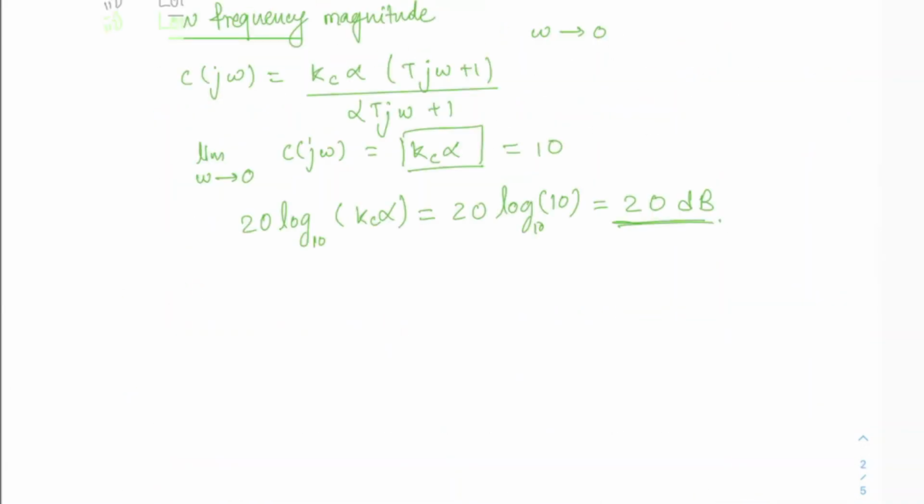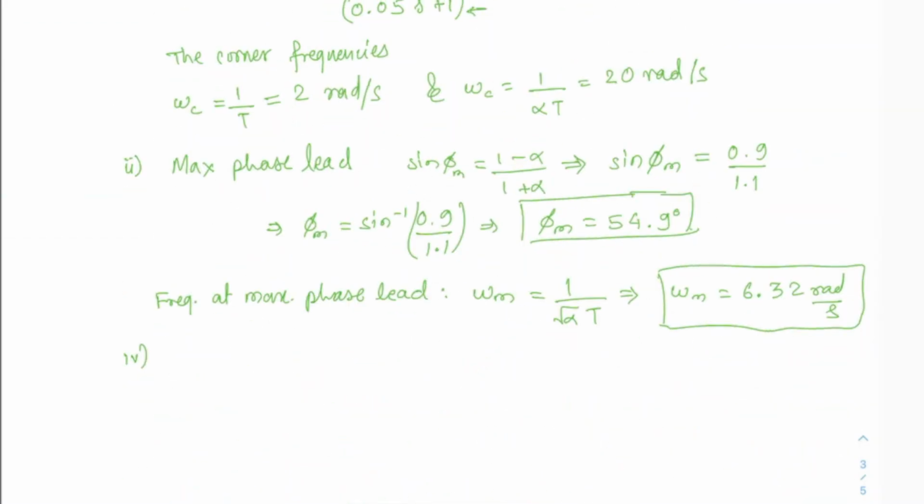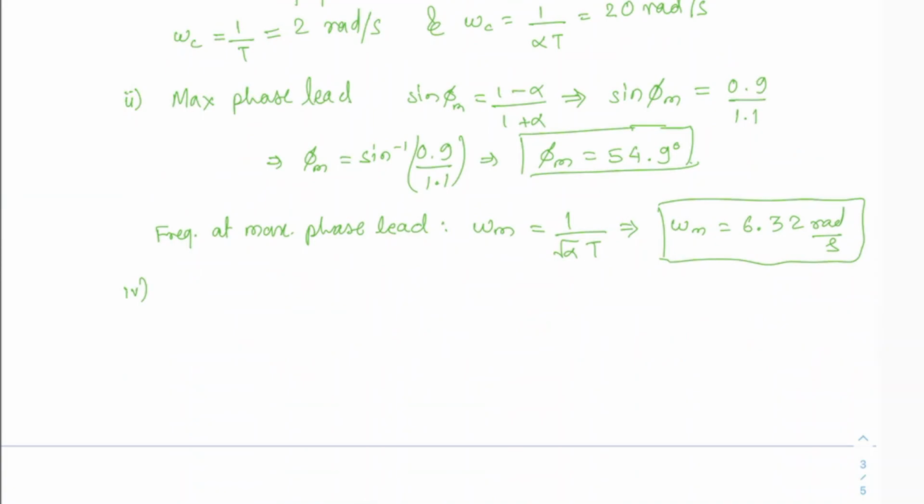So we did this in the previous question as well for the low frequency magnitude. Since the transfer function form remains the same, it is a lead compensator. This limit turns out to be Kc into alpha. So essentially 20 log base 10 of Kc into alpha is 0 dB. This implies Kc into alpha is 1.